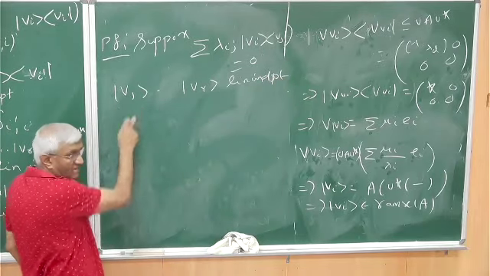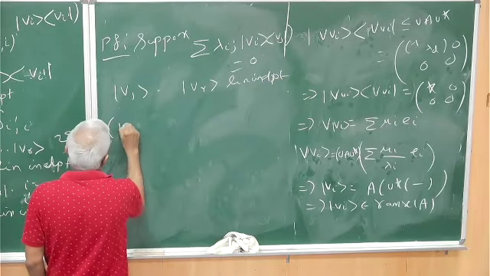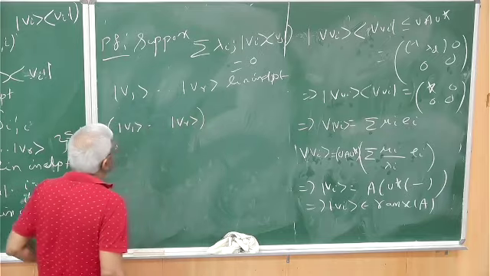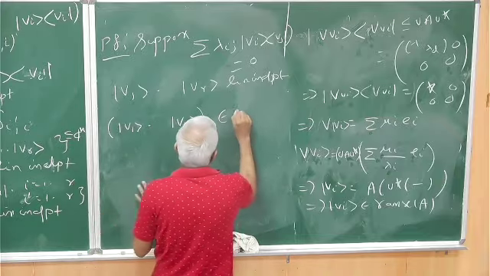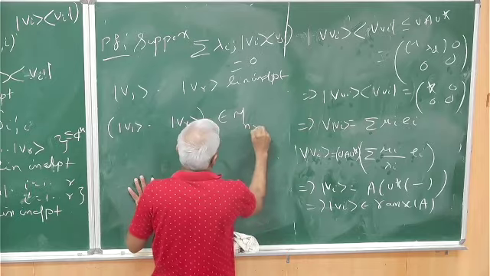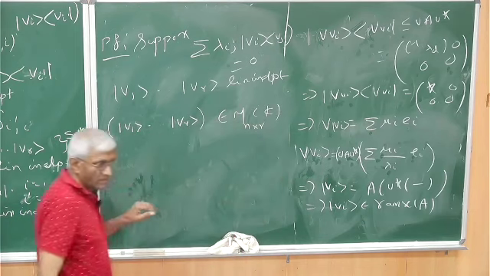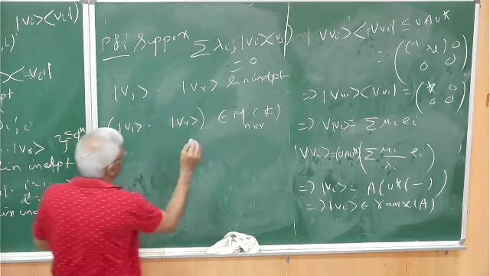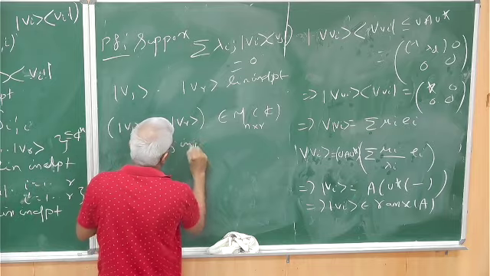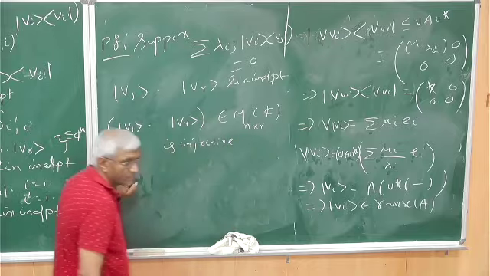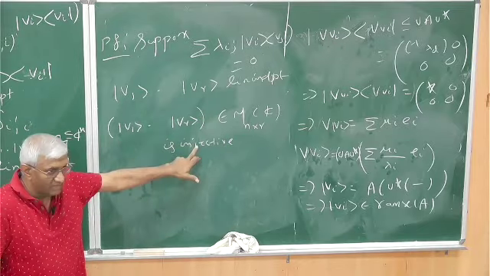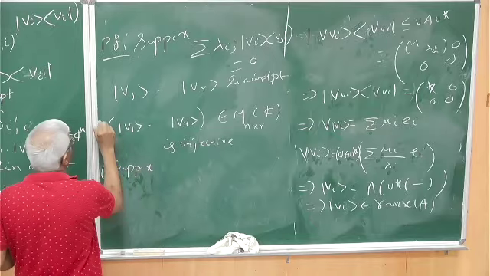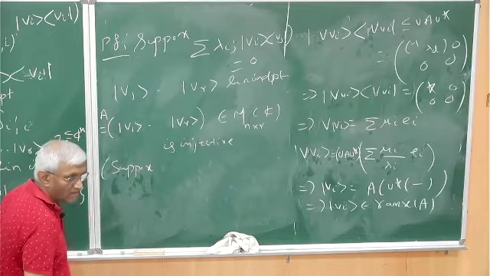These are some n column vectors. So we just write it like this: V1 up to Vr. This is in M, with n rows, so n cross R. This is a vector, and this is a matrix here. We just write it like this. So this is injective, because of linear independence. Suppose we call it A equal to this.